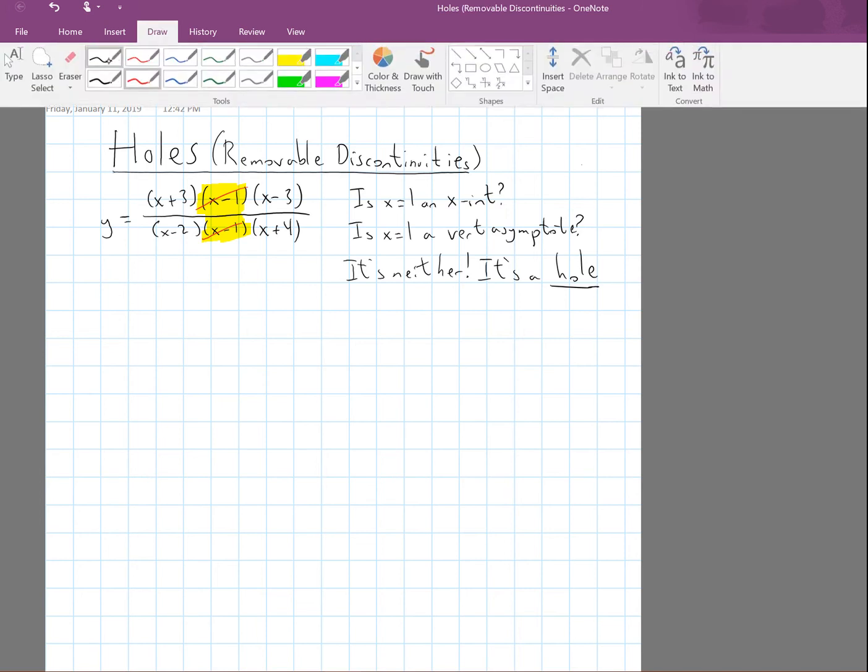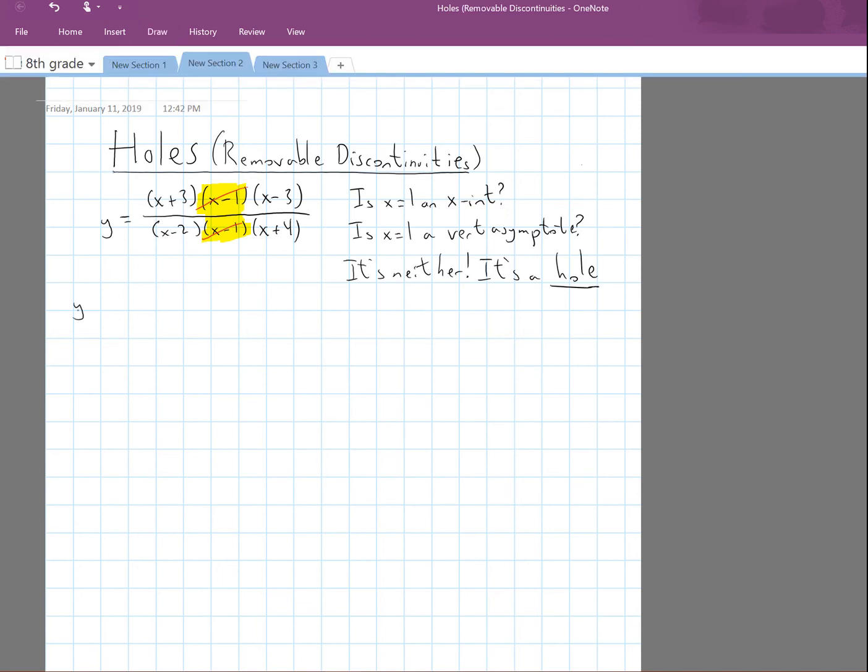And we're going to rewrite the function as y equals x plus 3 x minus 1. Oh no, we got rid of x minus 1. X plus 3 x minus 3 all over x minus 2 x plus 4. Now, even though we crossed it out, it was still in the original function, right?